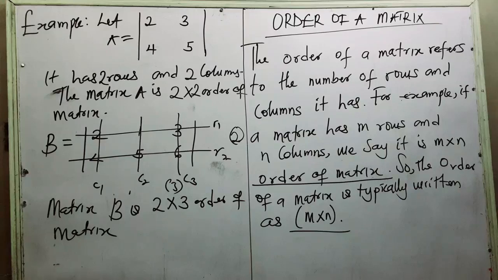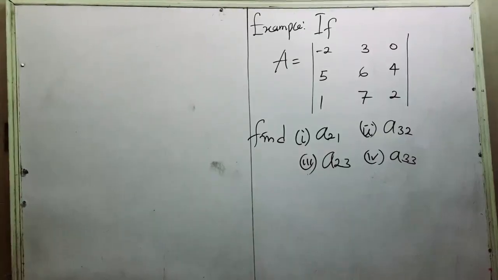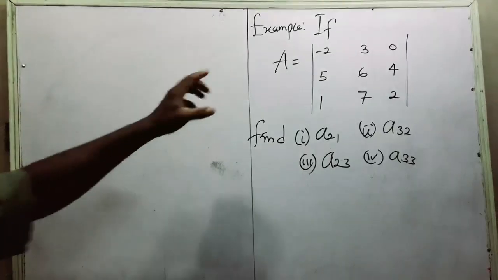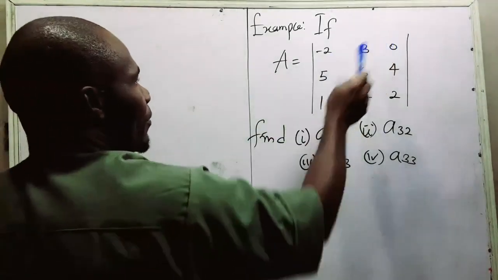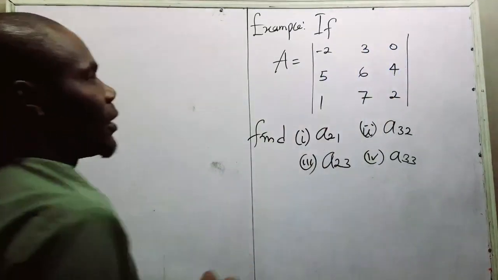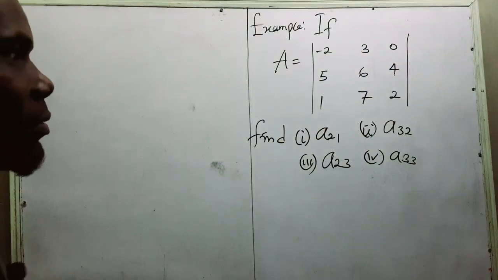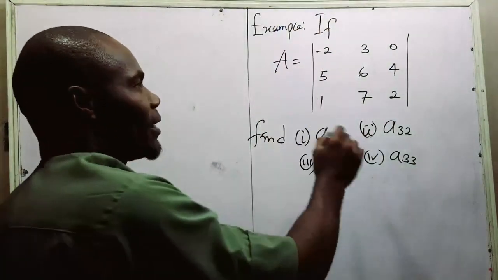The next one, let's have an example. We have an example where A is minus 2, 3, 0, 5, 6, 4, 1, 7, 2. Under the notations, what we call the numbers inside an array bracket is elements.